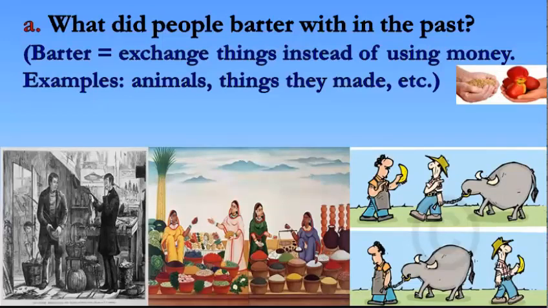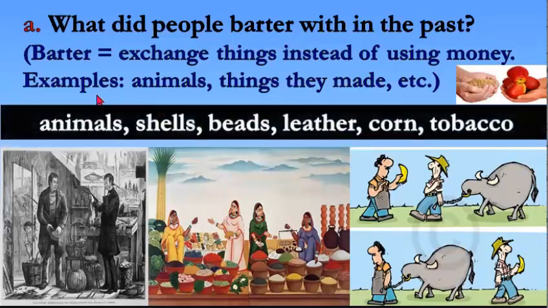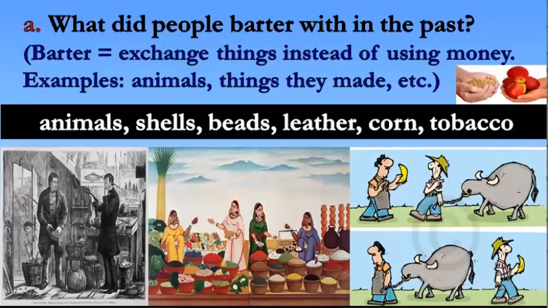What did they exchange when they buy and sell? Exactly, they had to barter animals, shells, beads, leather, corn, and tobacco.